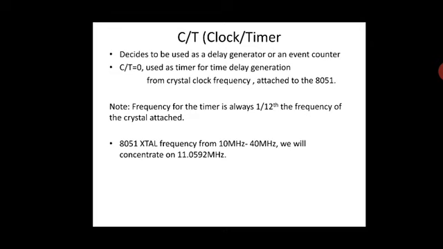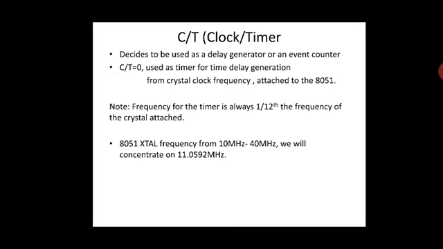It decides whether it is used as a delay generator or an event counter. As I discussed in the first slide, we either generate different delays or use it for counting event occurrences. It will be decided here. Because it is a single bit, it will be either 0 or 1.